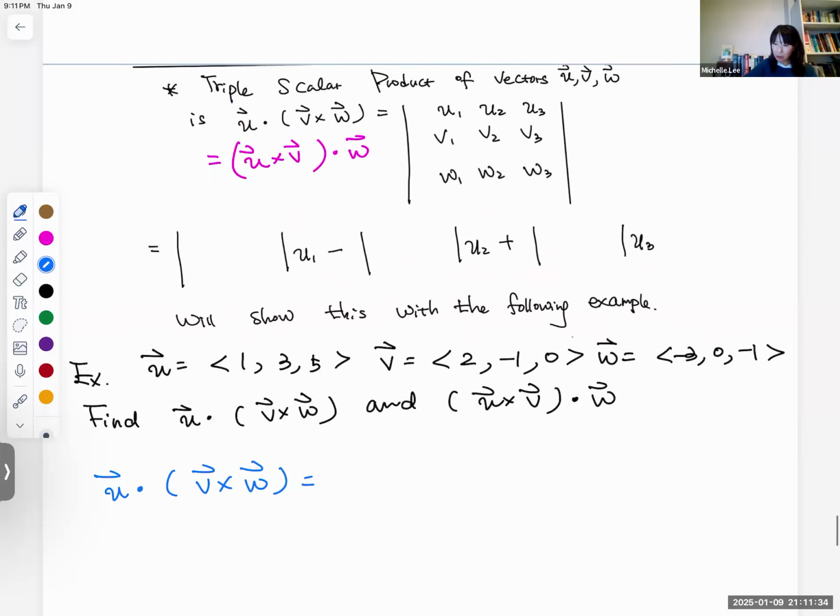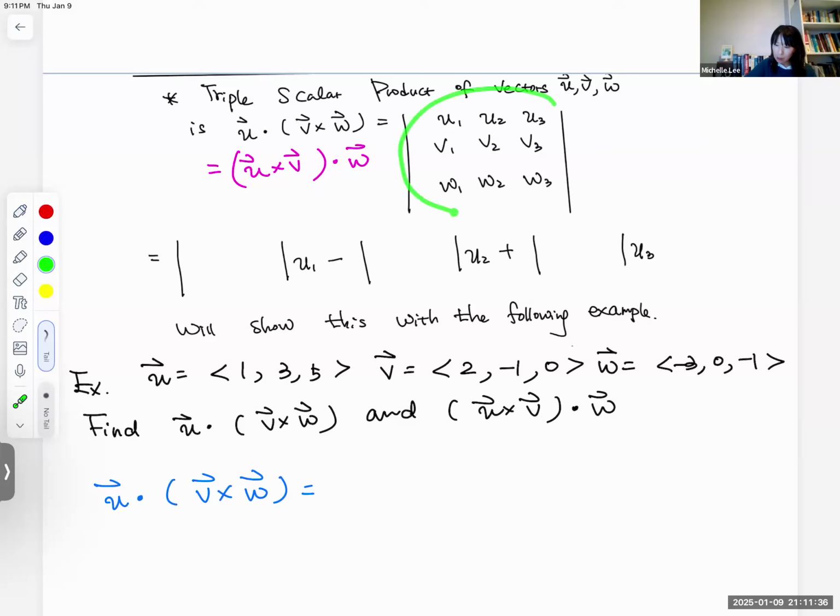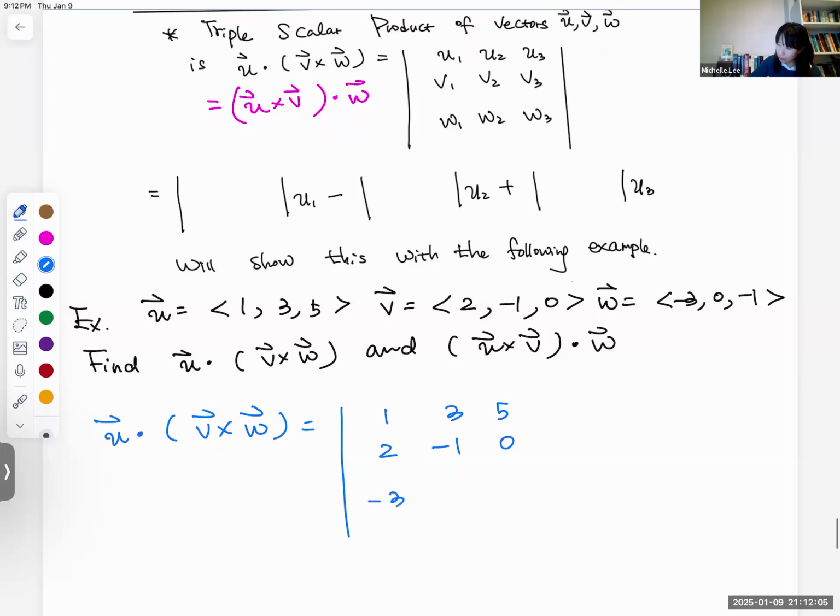So for this one, instead of I, J, K, we are using just the vector components: U is 1, 3, 5, then 2, -1, 0, then -3, 0, -1. Then plus, minus, plus.